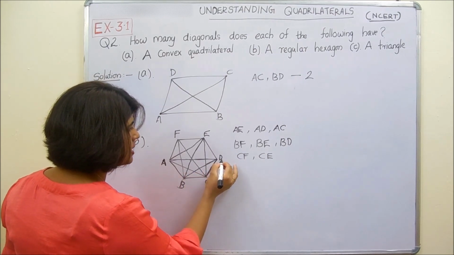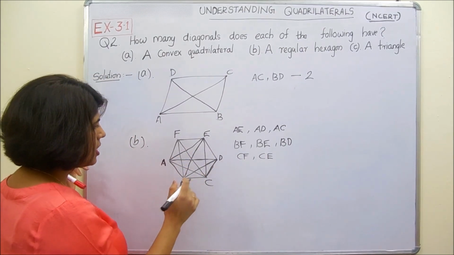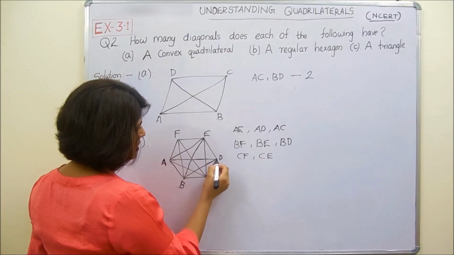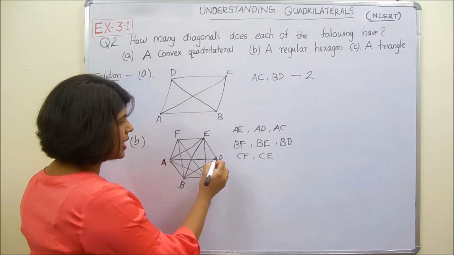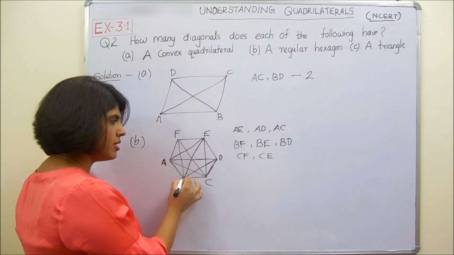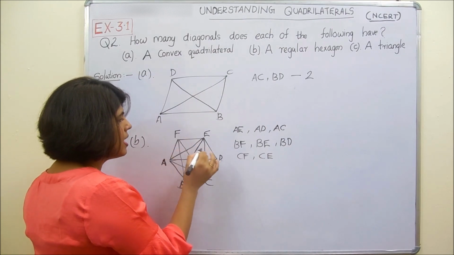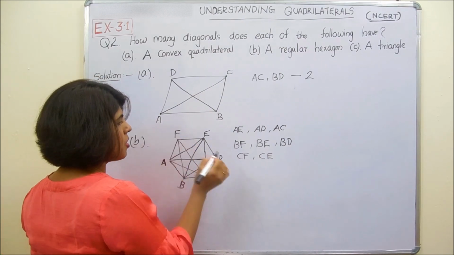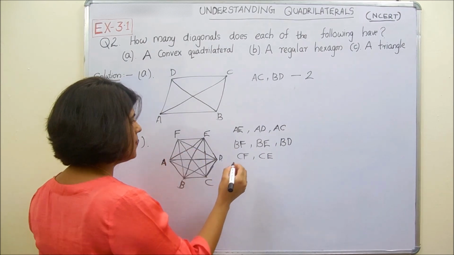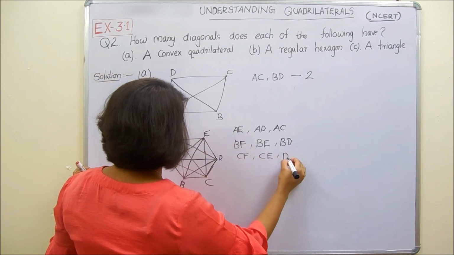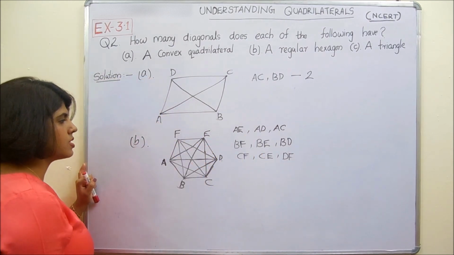C and D are consecutive vertices, so we cannot form a diagonal. Next, from D: D and C are consecutive, so we cannot form a diagonal. D and B already formed, and D and A already formed a diagonal. Now D and F are non-consecutive vertices, so we can form another diagonal, DF. Then D and E are consecutive vertices.